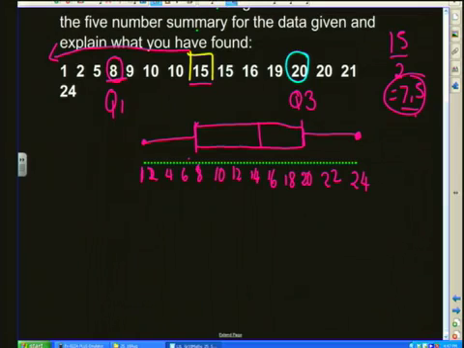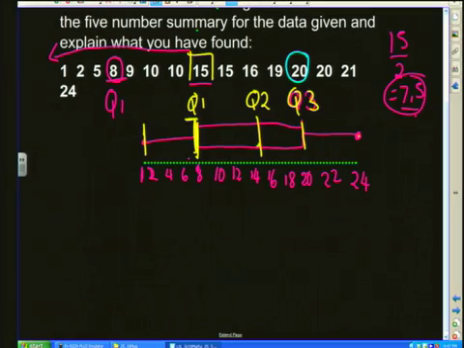And guys, they ask you to explain what these values tell you, and I'm going to very quickly do an explanation here. What it tells us is that 25% of values lie between 1 and 8. All right? It also tells us that 25% of values lie between 8 and 15. Another 25% between 15 and 20, and then 25% of values between 20 and 24.